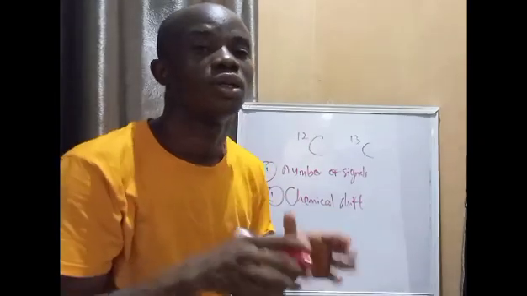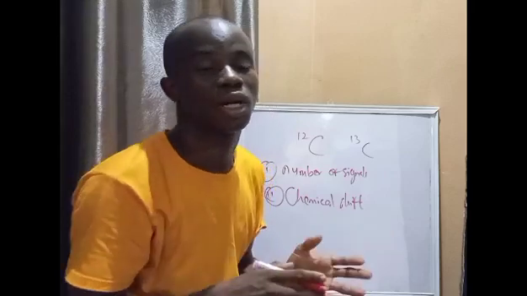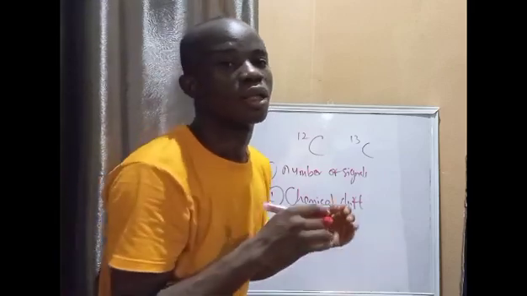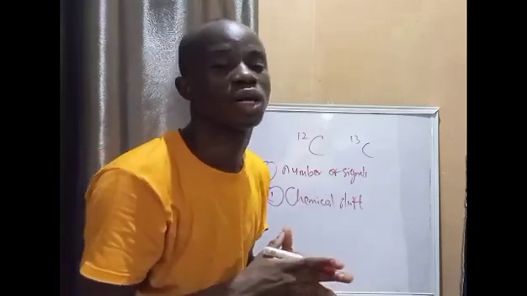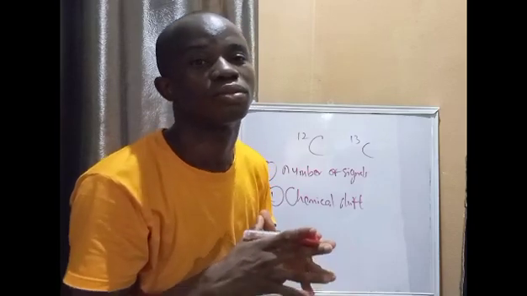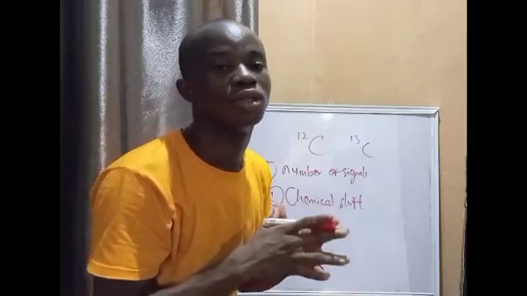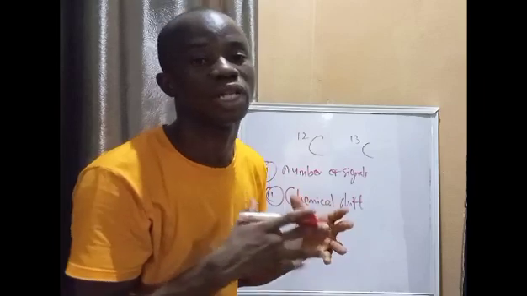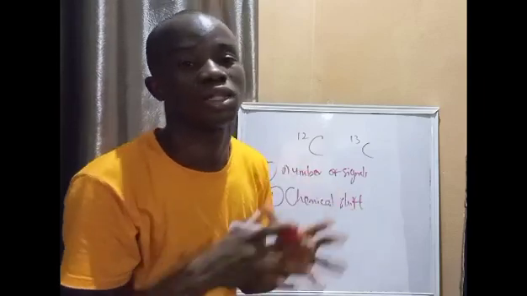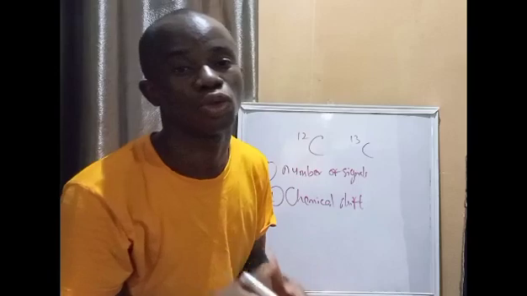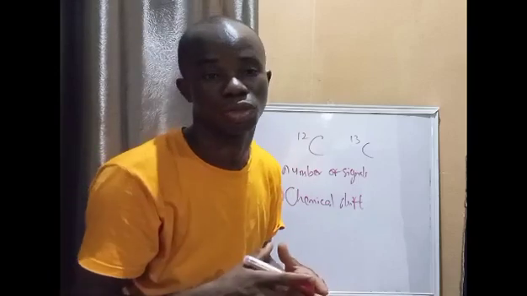At the same time, chemical shift is guided by some rule. That is, signals with high chemical shift are usually very close to either a highly electronegative element or an electron withdrawing group.